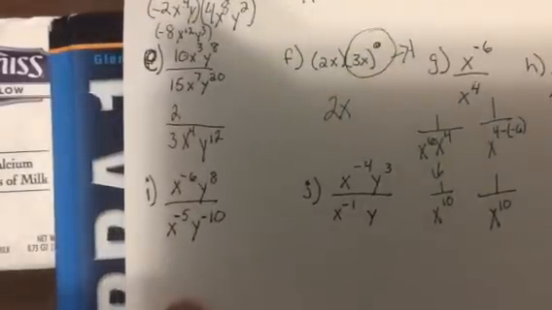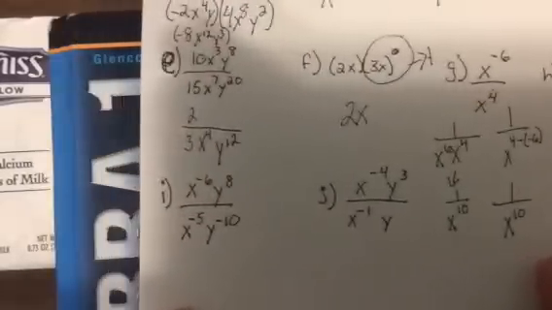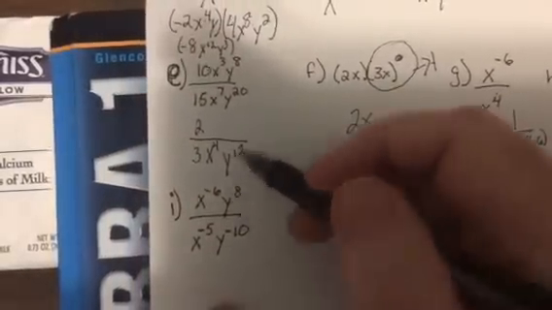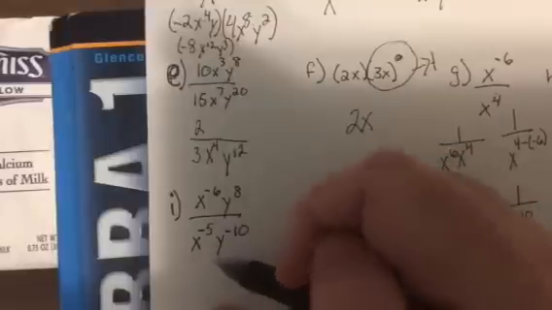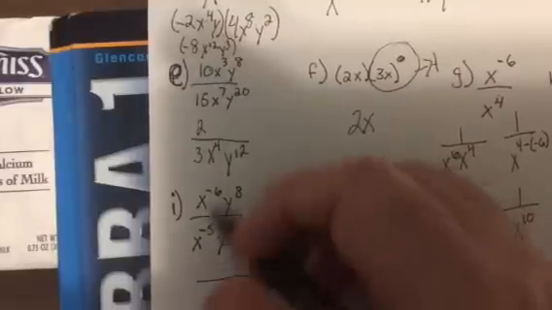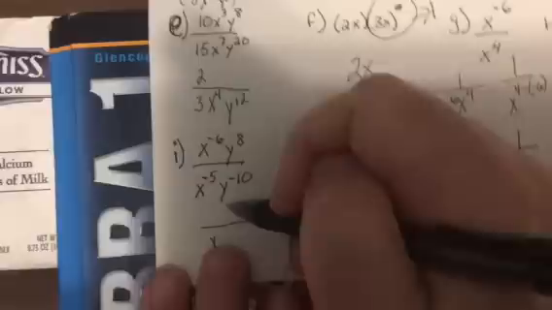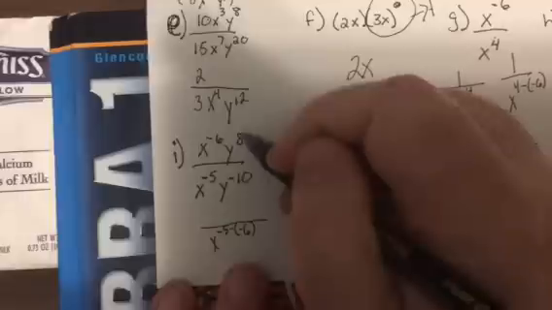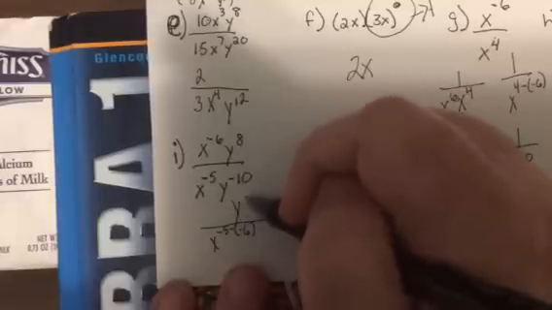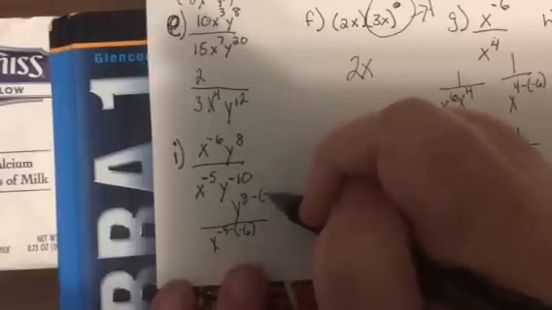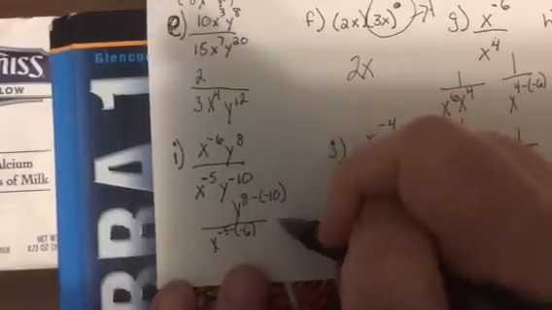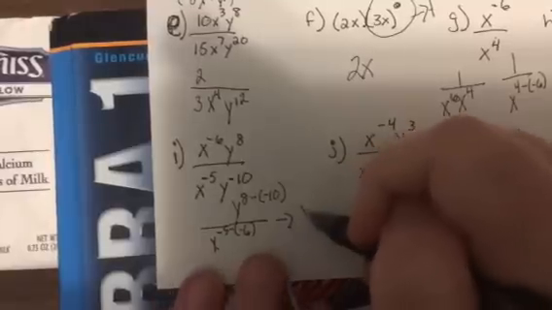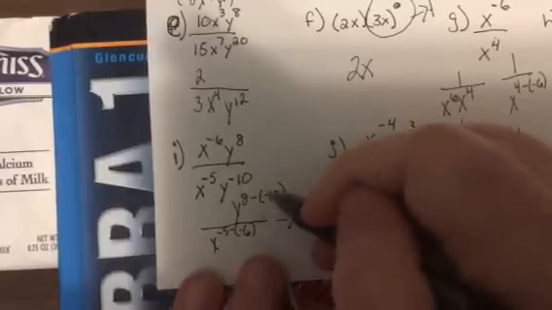Now, let's see. We got 2 left. So go ahead. Oh, negative. So negative 5 is bigger. So that would be x to the, let's bring this up, negative 5 minus a negative 6. 8 is bigger, so it would be y to the 8th minus a negative 10. So it'd be y to the 18th, because minus is plus.